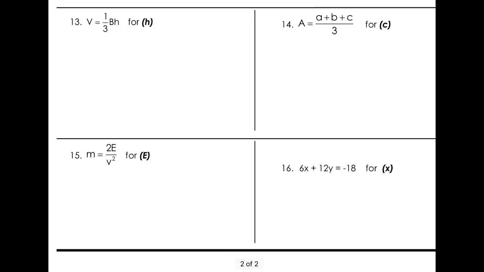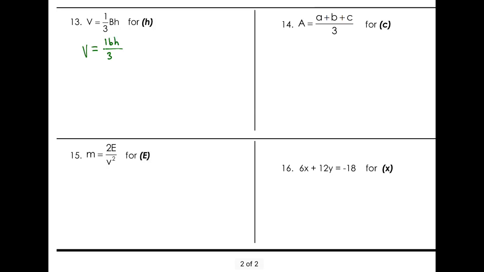Again, fractions tend to throw you guys off, and so we're looking at this 1/3 BH. We're trying to get H by itself, okay? Remember, we told you, and you know what, I'll rewrite this. This is the same thing as 1BH over 3, right?